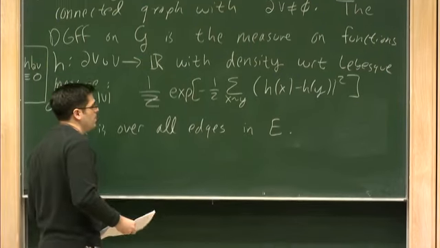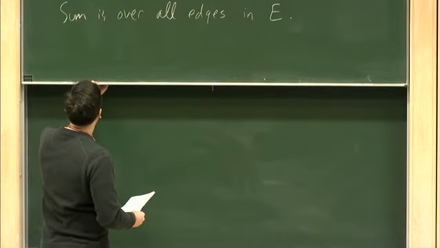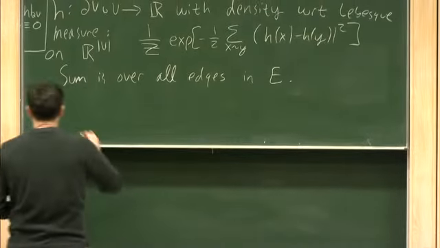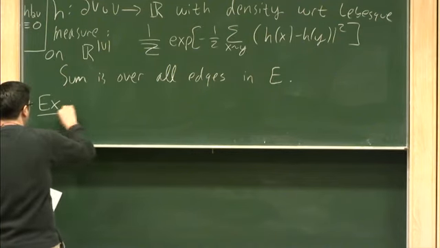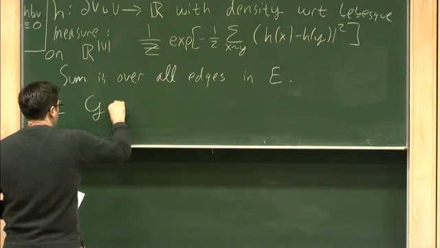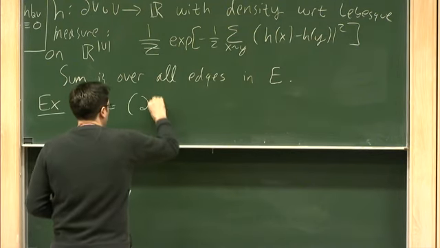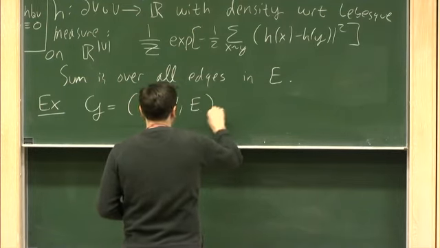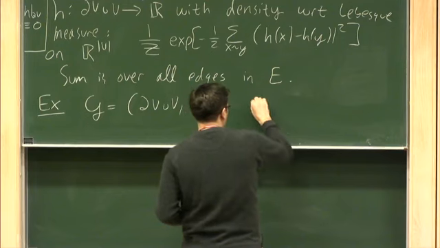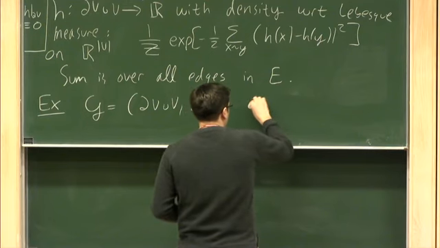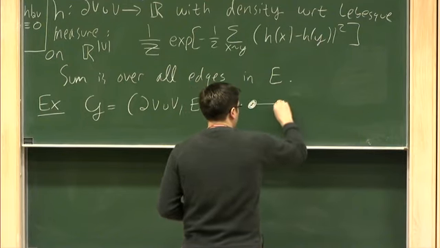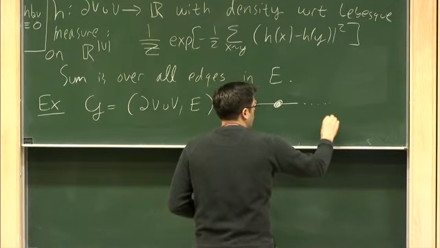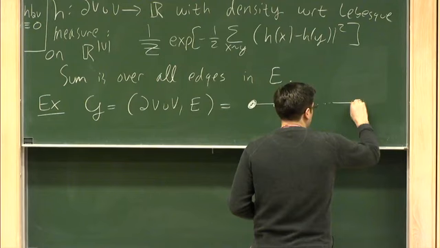Let's do just a quick example. Let's suppose that my graph is the one which is just given by the line. So this is just a subset of the integers.